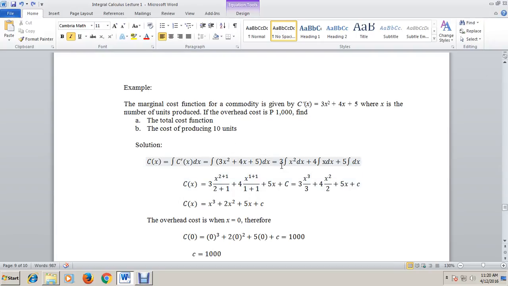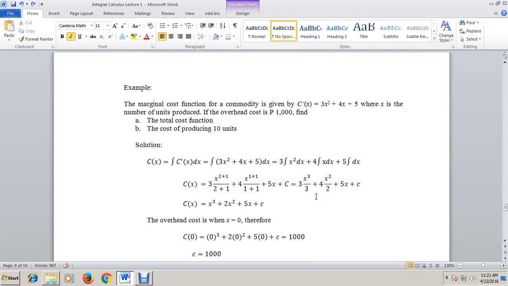Now, performing the integration, making use of the power formula, we have x raised to 2 plus 1 over 2 plus 1, plus x raised to 1 plus 1 over 1 plus 1. The integral of dx is x, multiplying each of the results into each individual constant. So we have 3x cubed over 3 plus 4x squared over 2 plus 5x then plus c.